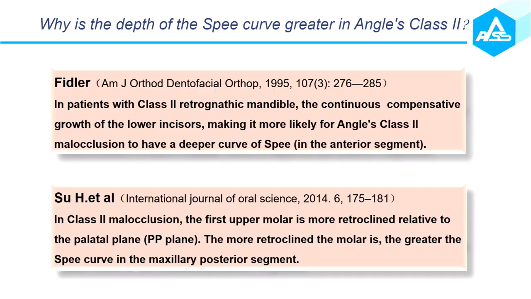But if we look at Dr. Su Hong's research, in Class 2 malocclusion, the first upper molar is more retroclined relative to the palatal plane. The more retroclined the molar is, the greater the Spee curve in the maxillary posterior segment. So we describe the curve of Spee on the upper arch.